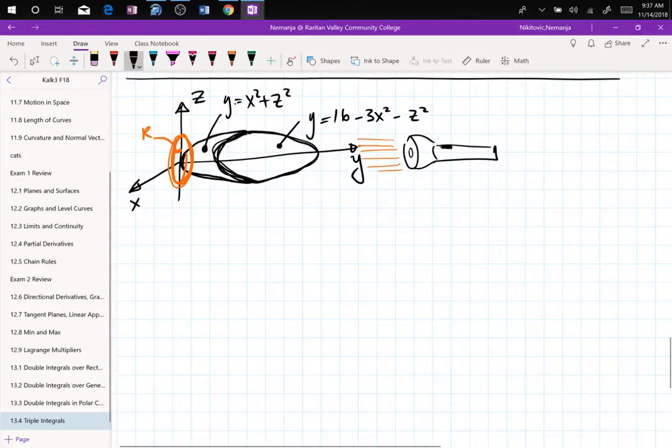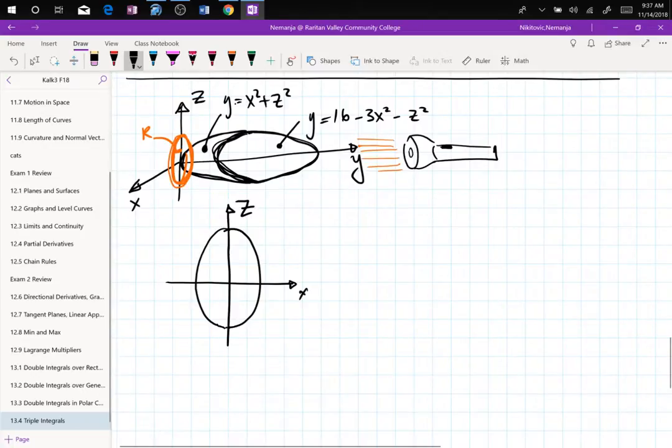Now, I draw that domain. It's an ellipse in the XZ plane.